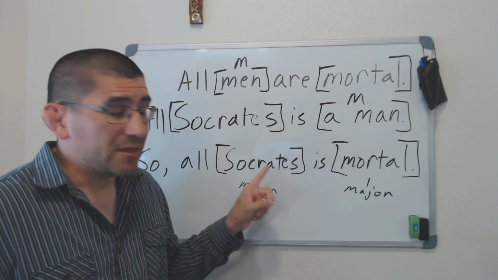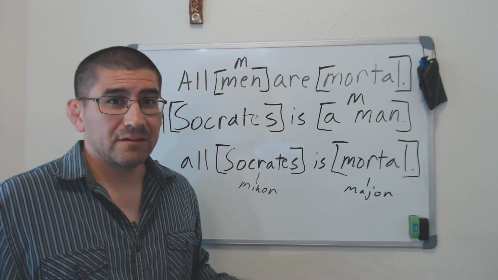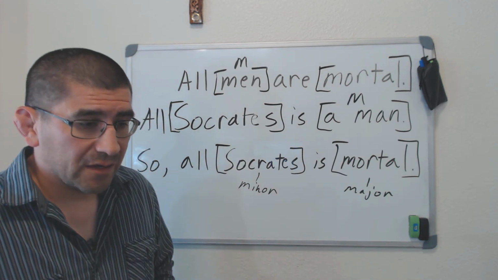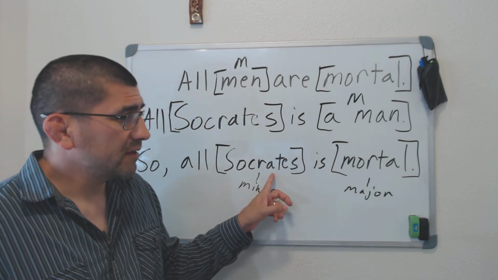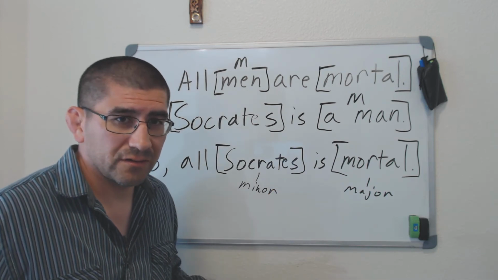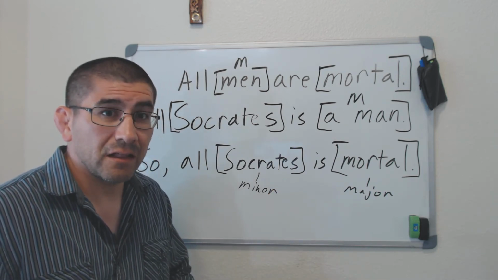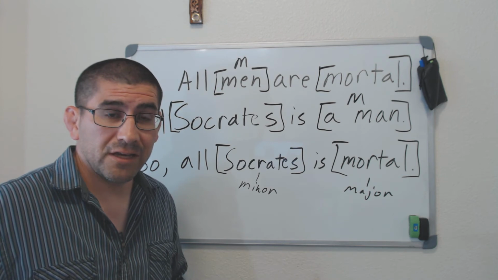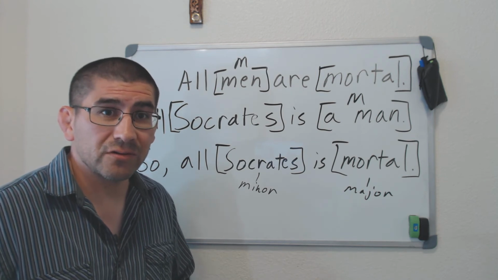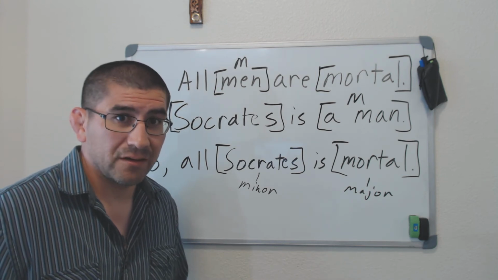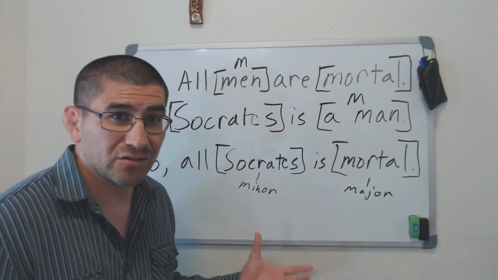Okay? If you say an argument, and your conclusion has a term that's universal, you are saying a lot about something. Okay, you're making a very general statement somehow, because you're using a term that's universal.